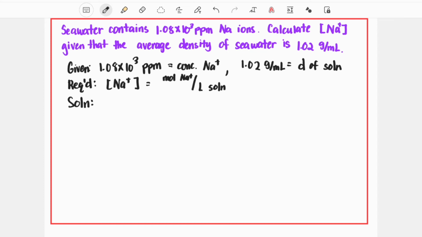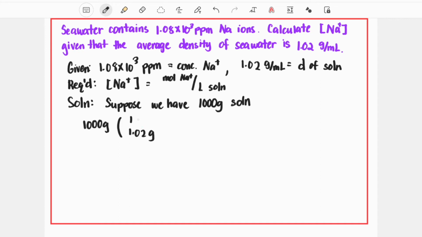Alright, so let's now start the solution. I think the simplest and easiest way to do this is to suppose we have 1,000 grams of seawater or solution. In that case, we have 1,000 grams times 1.02 grams per ml.